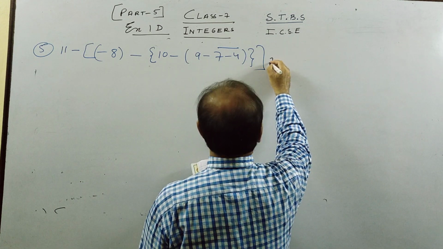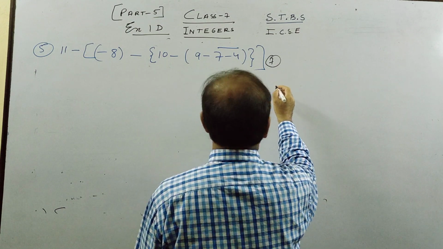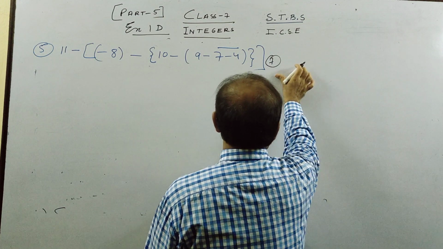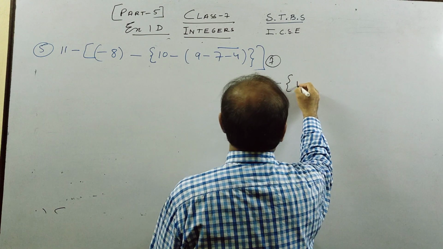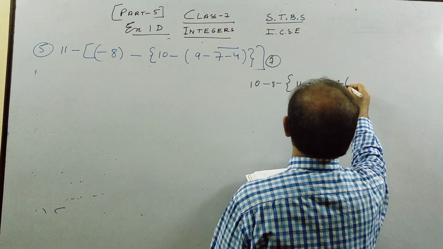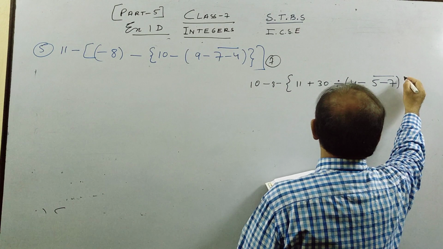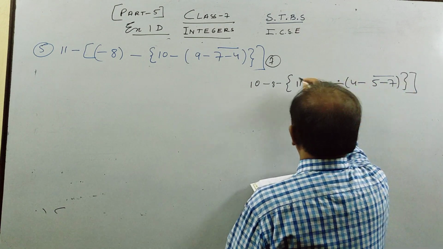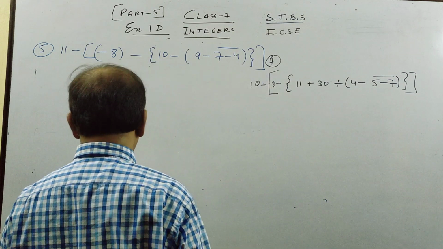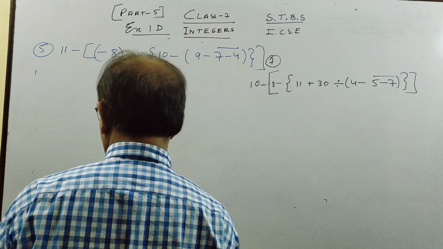The last question, which is number 7, you will see: 10 minus 8 minus 11 plus 30 divided by 4 minus 5 minus 7, with a bar bracket. Then we have the big bracket here. So once more: 10 minus 8 minus 11 plus 30 divided by 4 minus 5 minus 7.